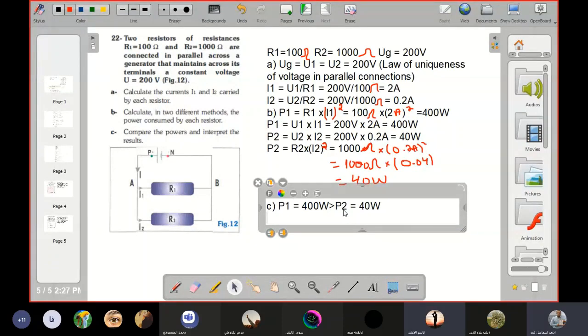Look, P1 is 400 watts. The resistance of R1 was 100 ohms, and P2 is 40 watts. The resistance of R2 was 1000 ohms. So what can you conclude here?